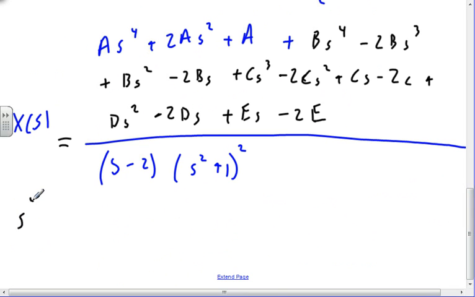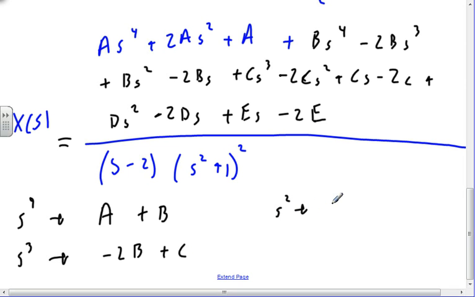So the s to the 4th term, I've got an a, I got a b. And the s cubed term, I've got a minus 2b, I got a plus c. The s squared term, I have a 2a, I got a b minus 2c plus d.